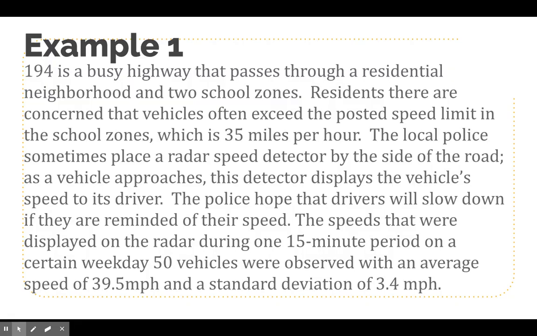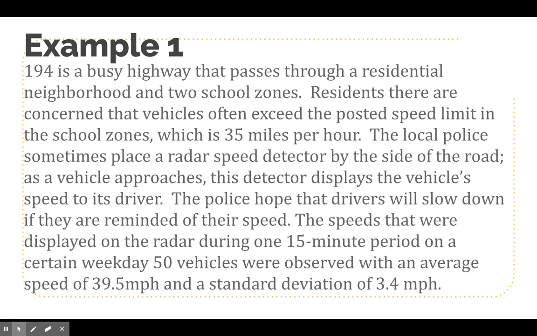Okay, so let's look at an example. 194 is a busy highway that passes through a residential neighborhood and two school zones. Residents there are concerned that vehicles often exceed the posted speed limit in the school zones, which is 35 miles per hour. The local police sometimes place a radar speed detector by the side of the road. As a vehicle approaches, this detector displays the vehicle's speed to its driver.